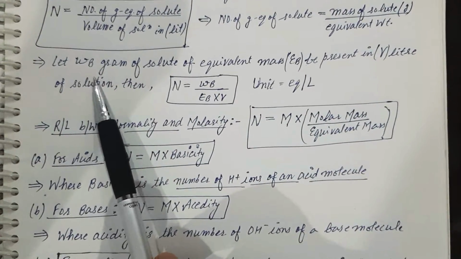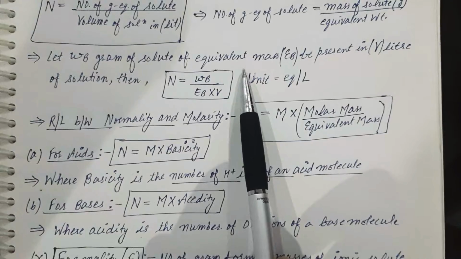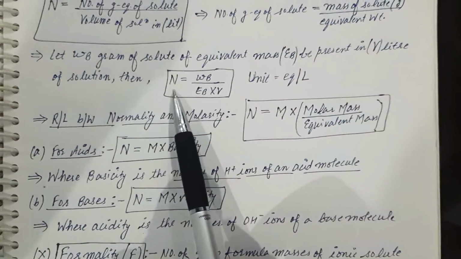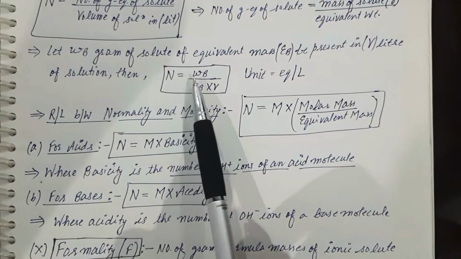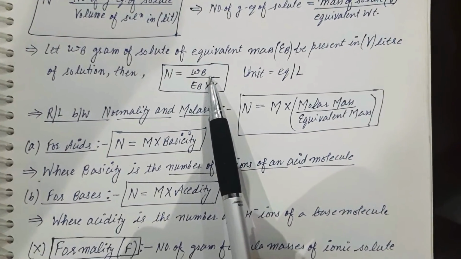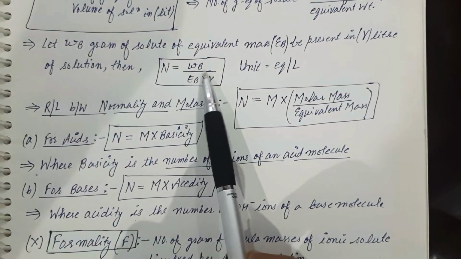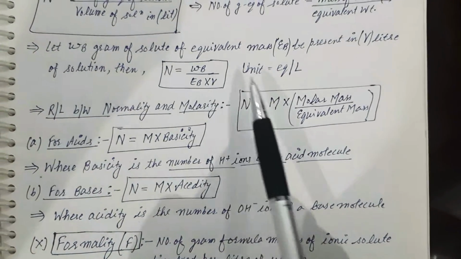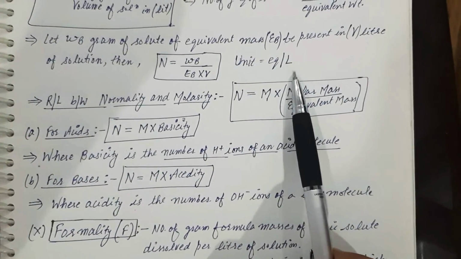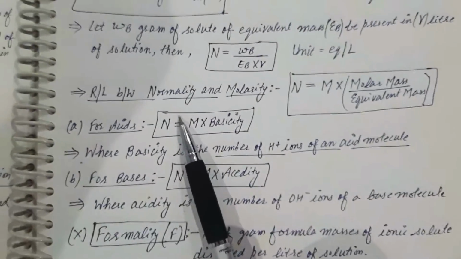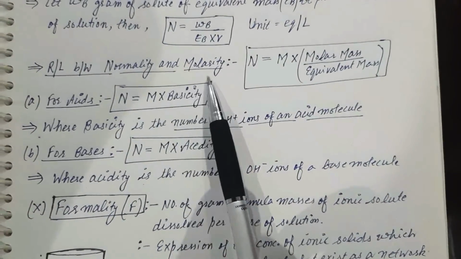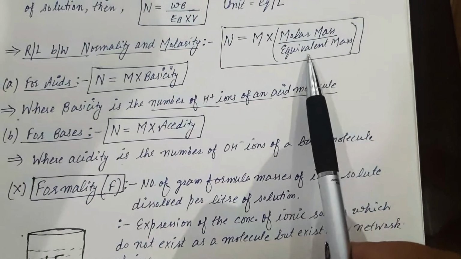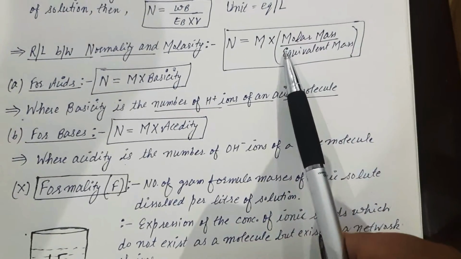Let small w be grams of solute B of equivalent mass E present in V liter of solution, then normality will be equal to small w B upon E B, the equivalent weight of solute, into V, and the unit will be equivalent per liter. The relation between normality and molarity is N is equal to M into molar mass upon equivalent mass, that is the n factor.